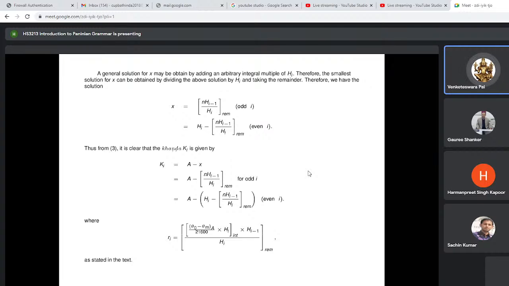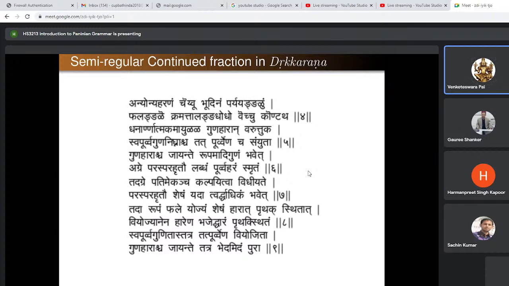There are several such algorithms or cases present in Karana Paddhati's third, fourth, and fifth chapters. Here we have shown only one such case. So this is about the application of continued fraction used in Karana Paddhati.